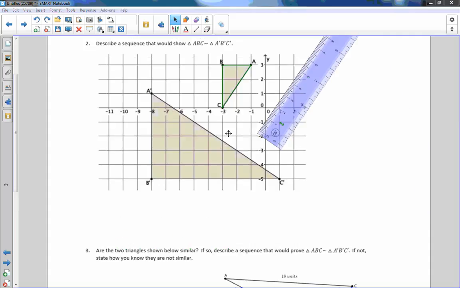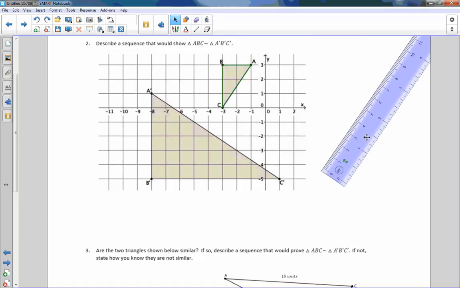Okay, so in this problem, it's asking us to describe a sequence that would show the triangle ABC similar to triangle A prime, B prime, C prime. So the first thing I would do is rotate this so that BC is going to be parallel to B prime, C prime. And in order to do that, I would have to rotate this 90 degrees.